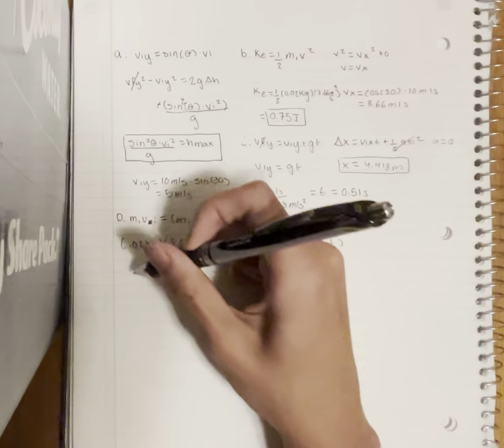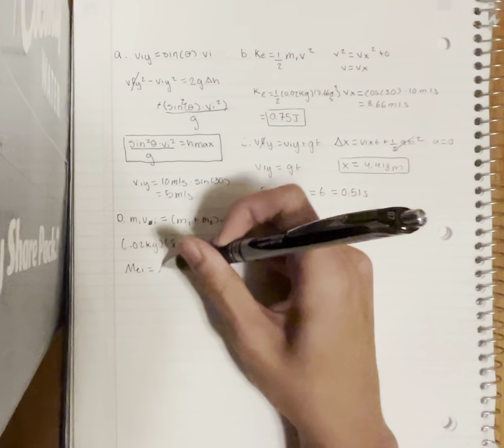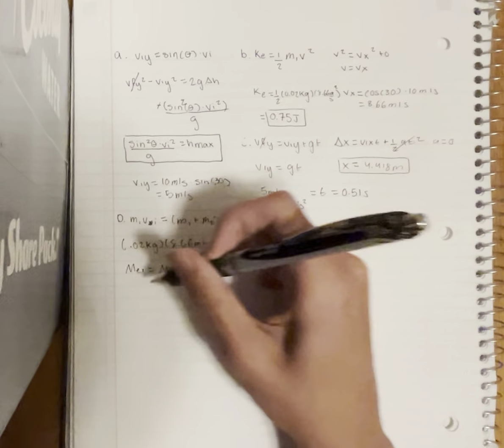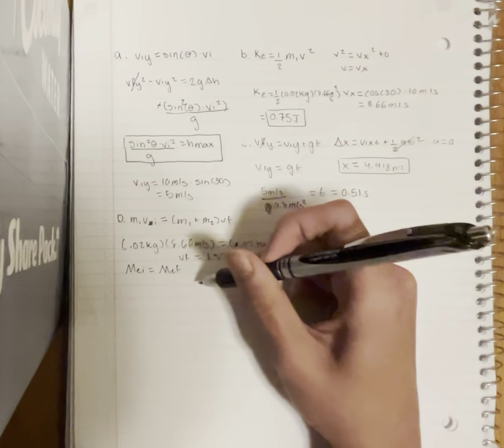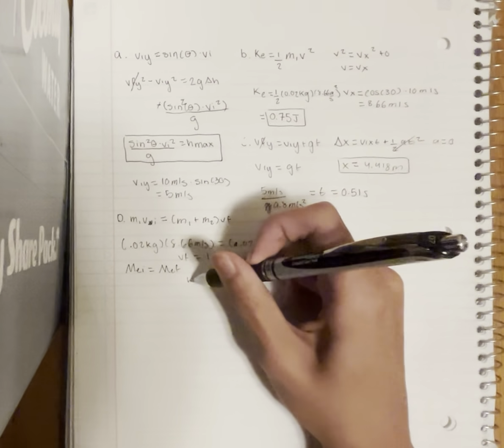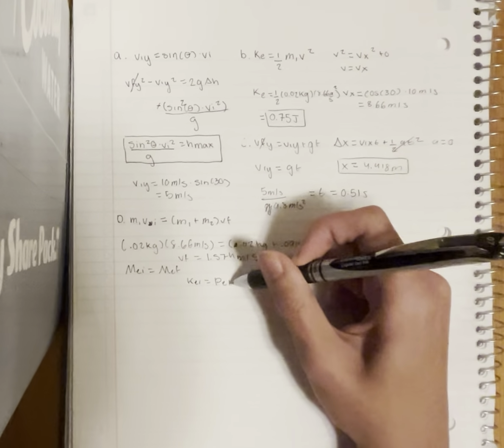And now we can do MEi is equal to MEf, because of conservation of energy, so that's just KEi turning into potential energy PEf.